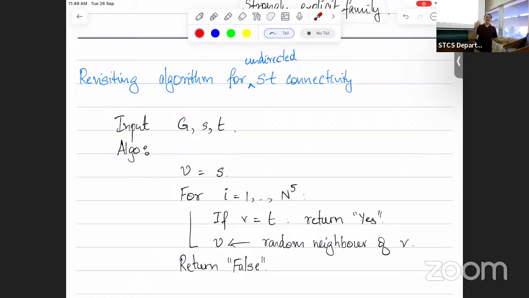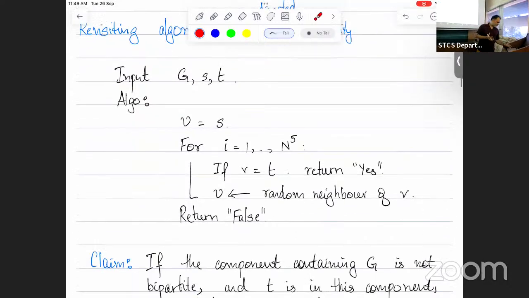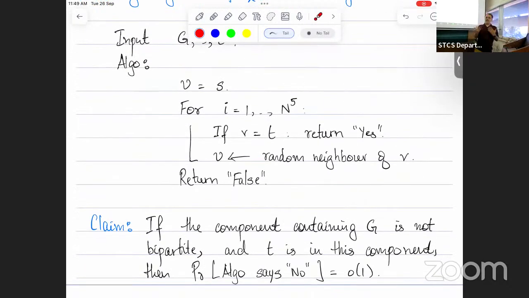Let's go back to those calculations and see why we said so. We want to say that if the graph G is nice, look at the connected component containing S. When you're taking a random walk starting at S, you're going to stay within that component.